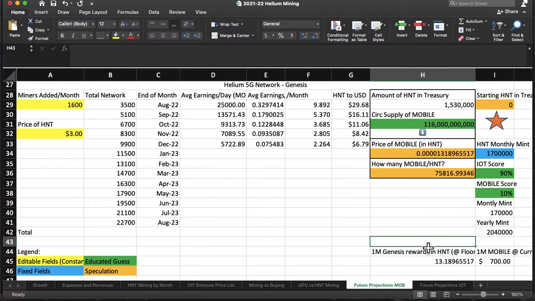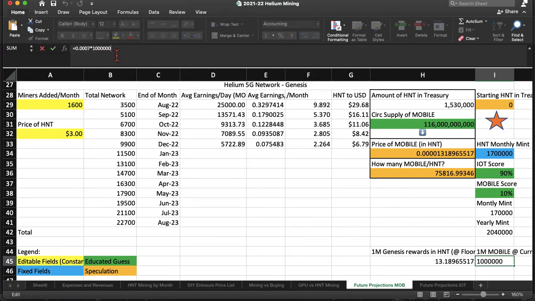So hopefully, the market price of mobile is higher. Right now, the market price of mobile looks to be 0.3 zeros and then a 7. So you could get about $700 in exchange for 1 million mobile at the moment.